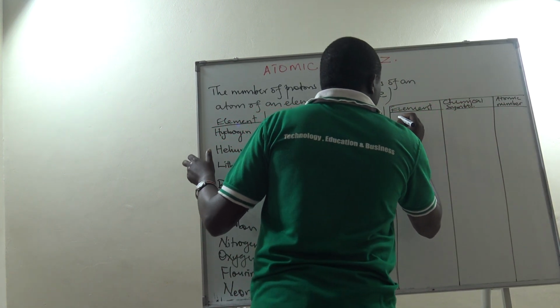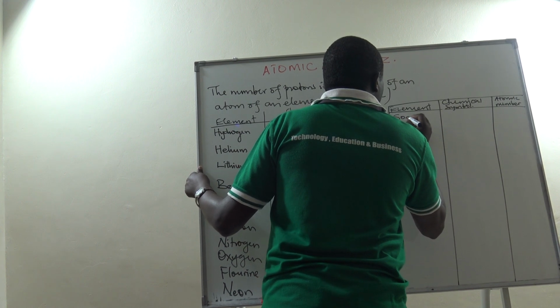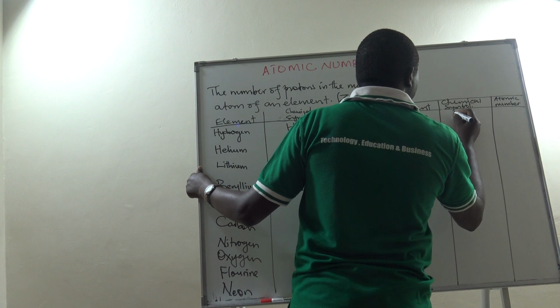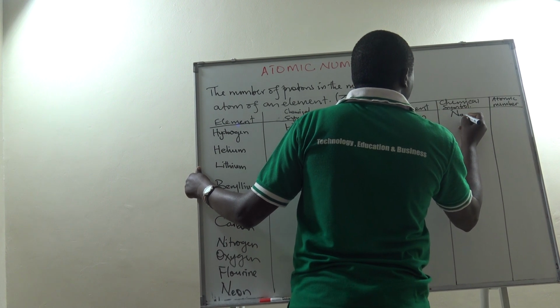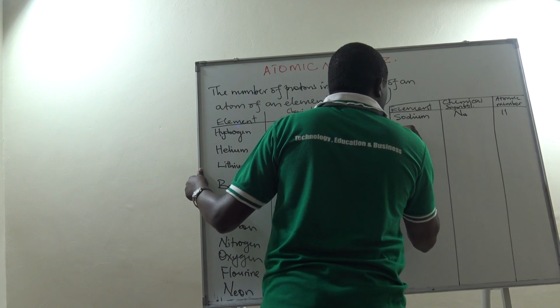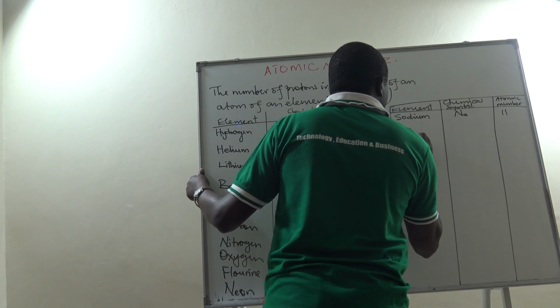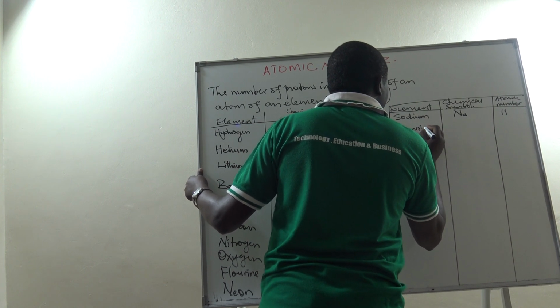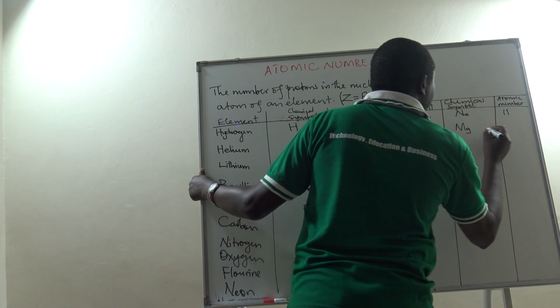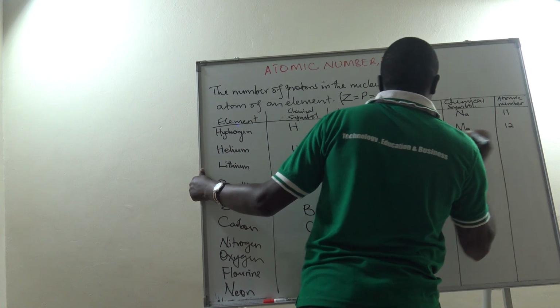So, we go to number 11, that is sodium. It has got a chemical symbol of capital N, small a, and it is number 11. Next is magnesium with capital M and small g, number 12.